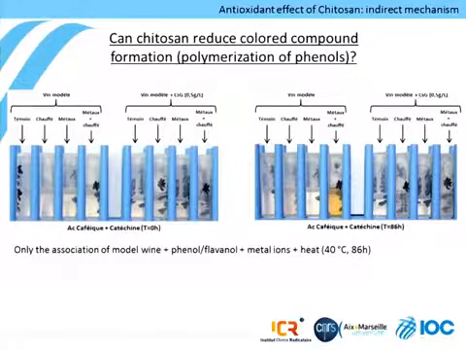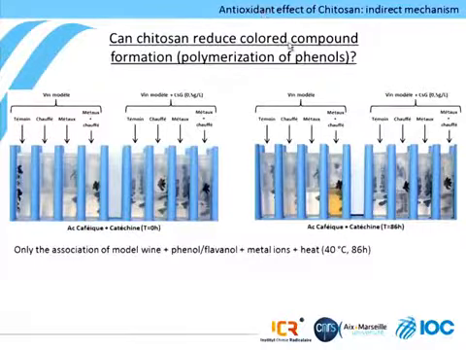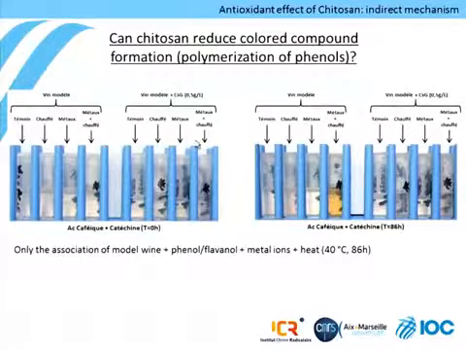Since chitosan can chelate solution metals, we then need to know whether this has an effect on colored compounds. And we did an experiment to ascertain that in order to age solutions in a controlled way.